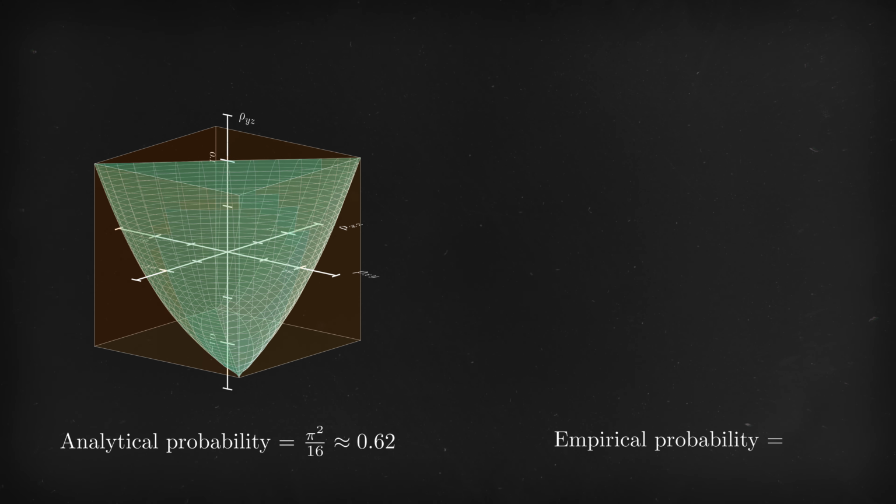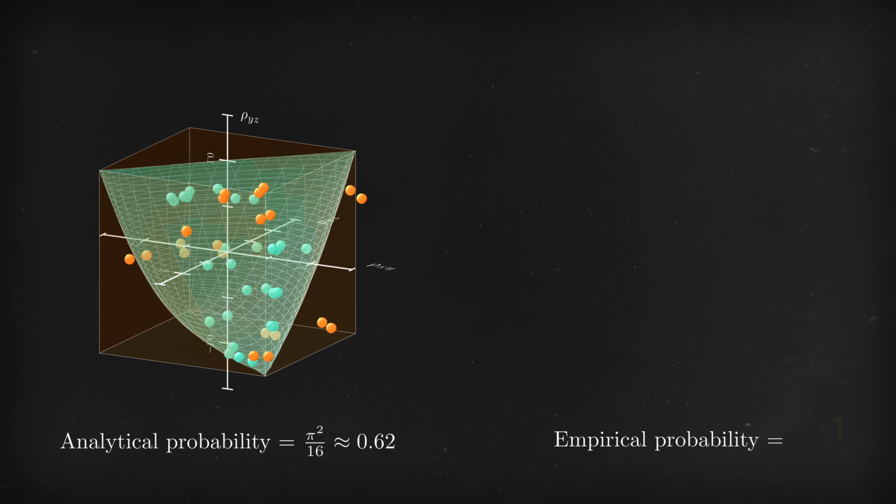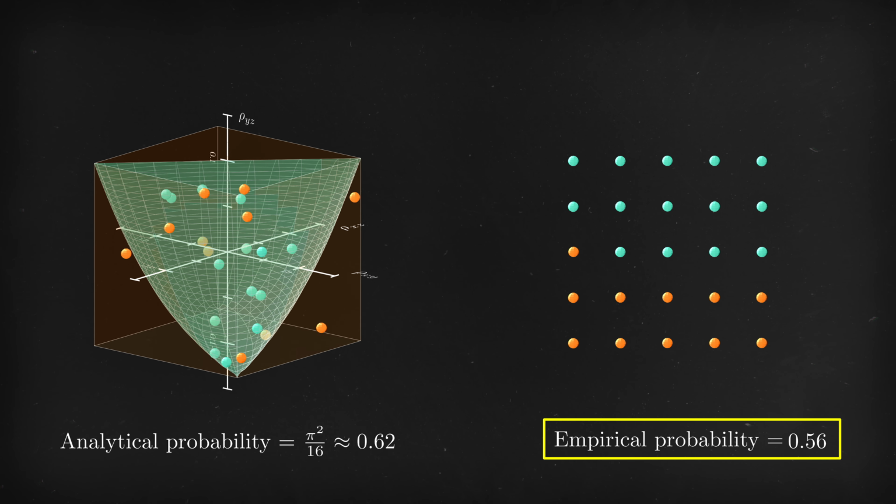Here's an animation to complement this analysis. First, take 25 samples from the cube. Then, based on the determinant of the matrices constructed from them, color them. Teal for positive semi-definite matrices, orange otherwise. We can then examine the proportion of teal points relative to the total number of samples in each iteration.